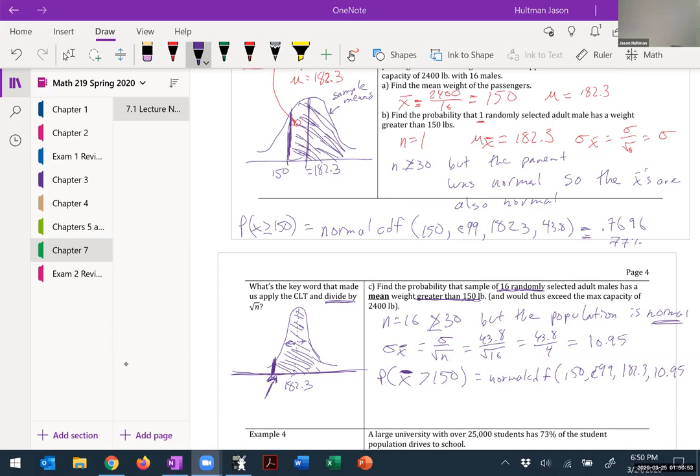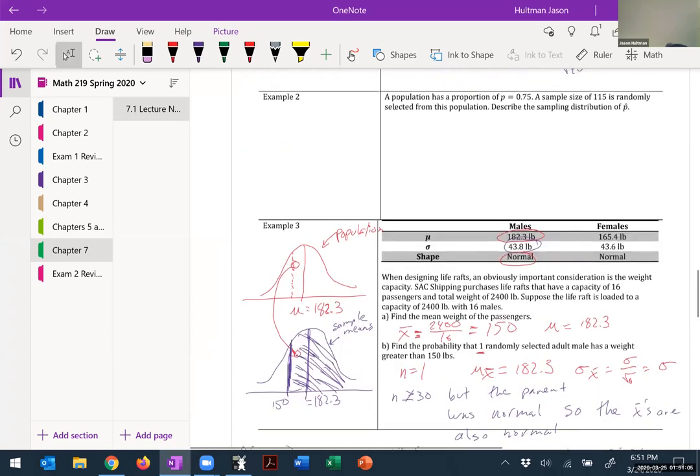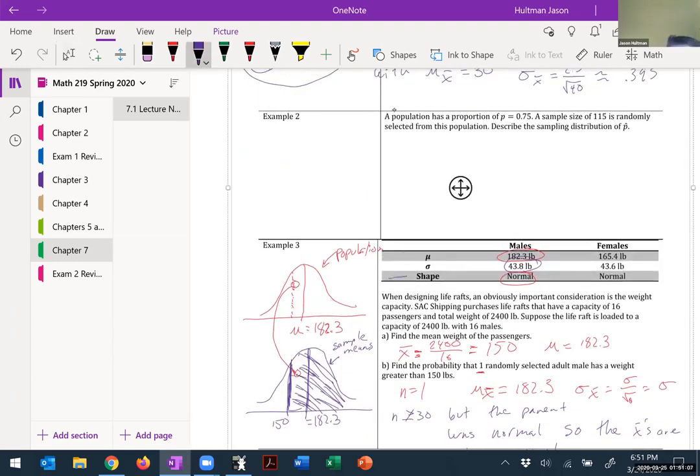So how did we know the original distribution was normal from the start? Because it tells us back here, at the bottom, that the shape for the males is normal. Good question.